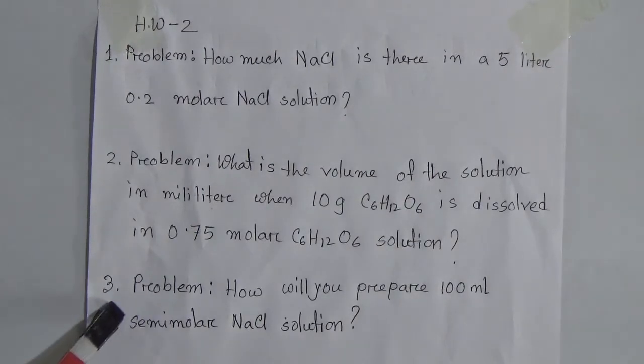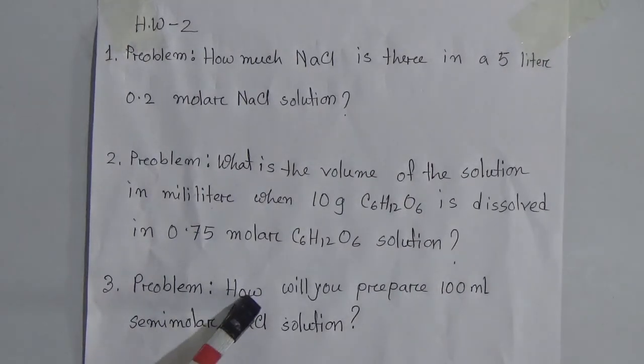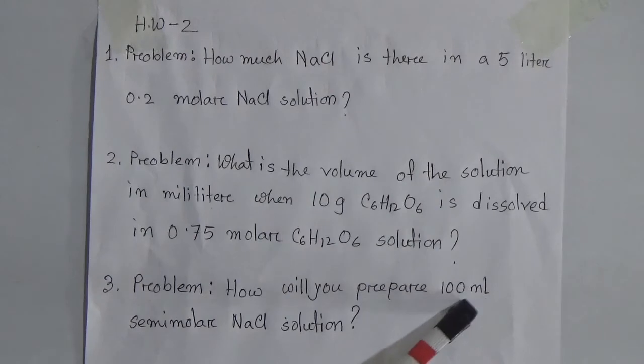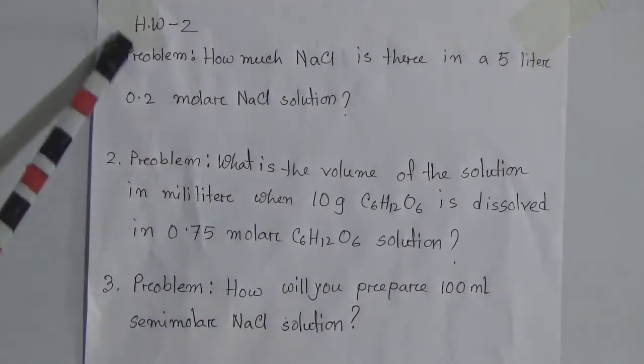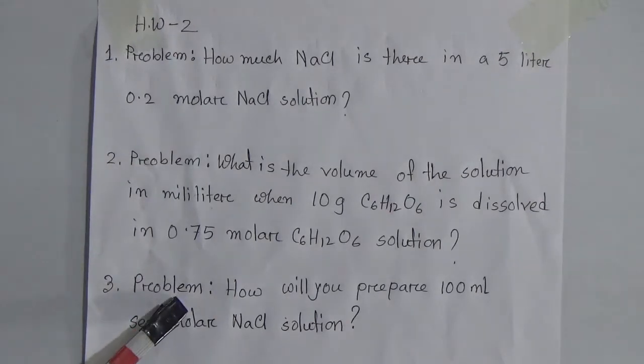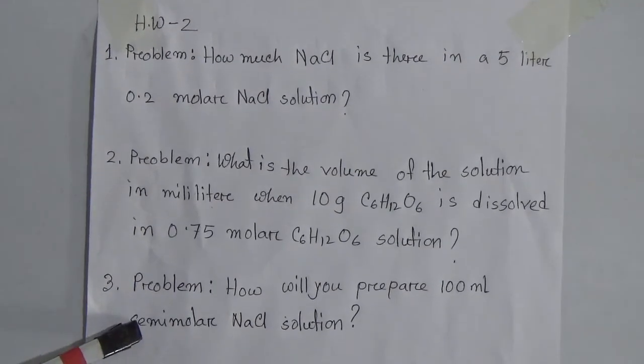Now last one is how will you prepare 100 ml semi-molar sodium chloride solution. These three problems you have to solve in your homework copy as homework number 2, and you have to submit on Saturday from 9 am to 3 pm.